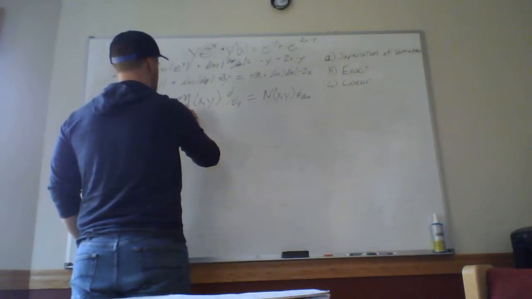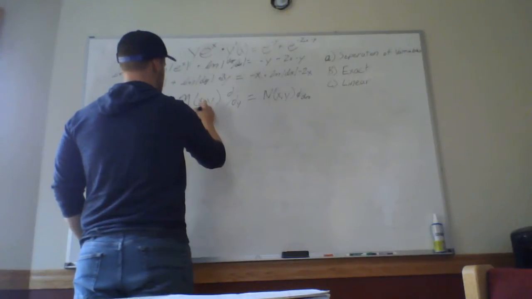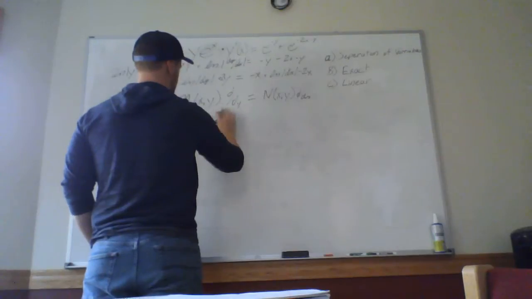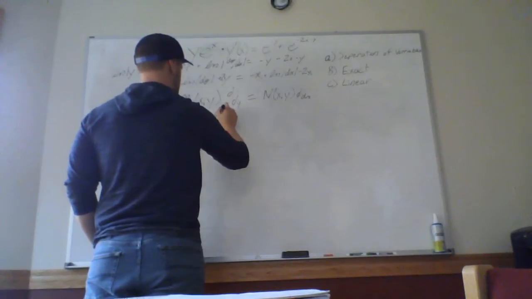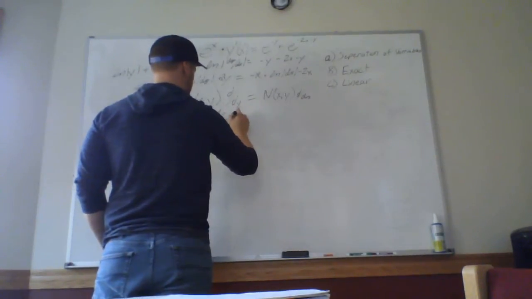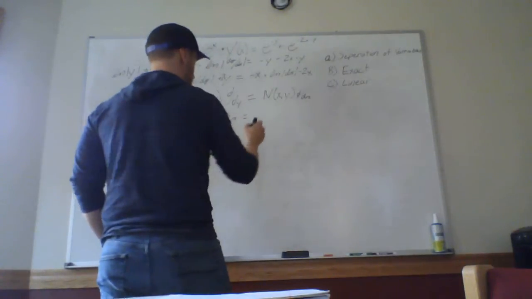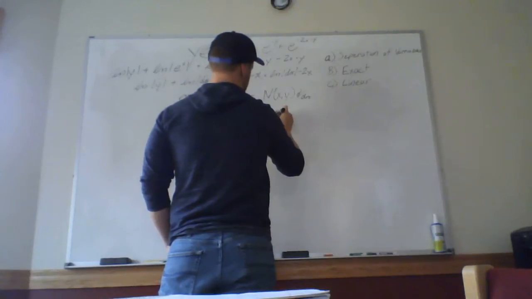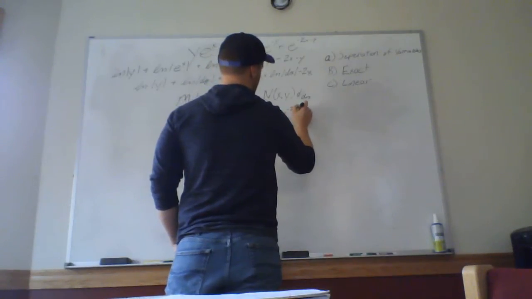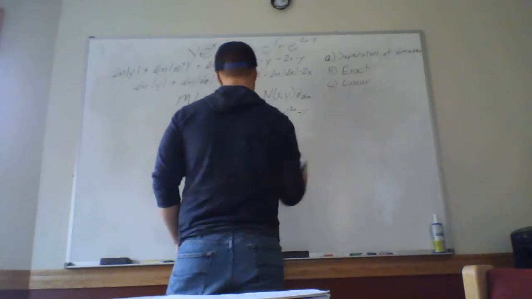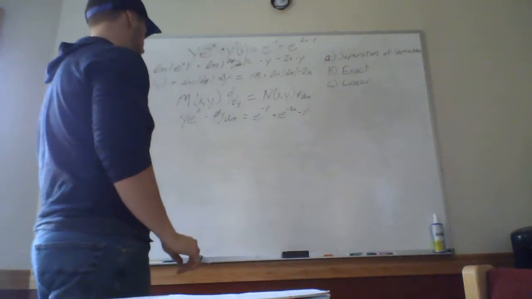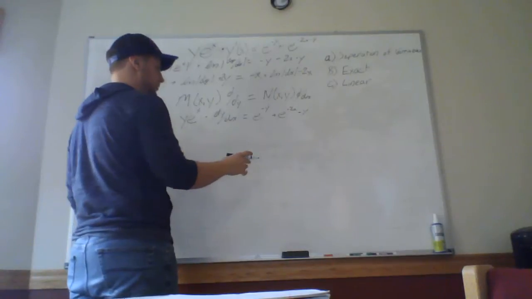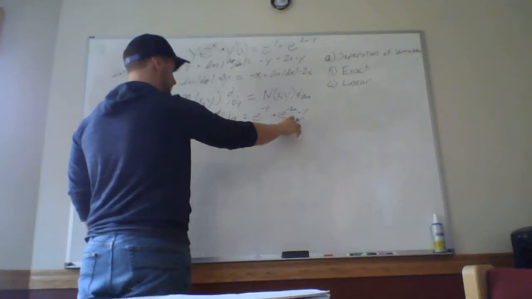So we have y e to the x times y prime, well, I'm going to split that, so we have dy dx is equal to e to the negative y plus e to the negative 2x minus y. Again, through pulling things apart, we can split this into two different variables.